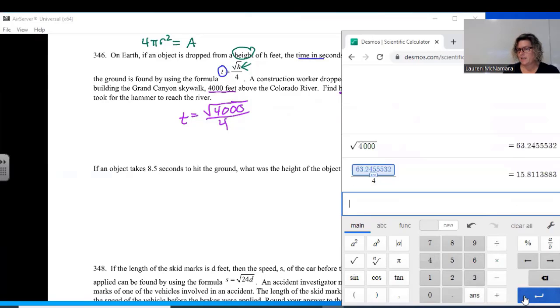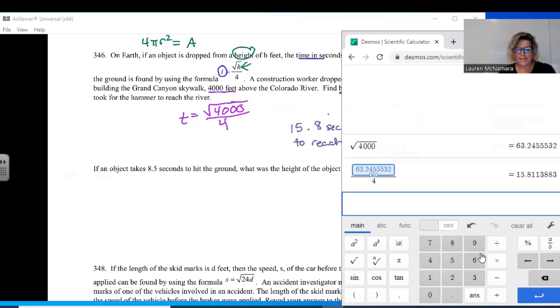That's how you plug that in like that. Can you do it in one step? Absolutely, you can also do it in one step. So how many seconds did it take for the hammer to reach the river? It was 15.8 seconds for the hammer to reach the river.